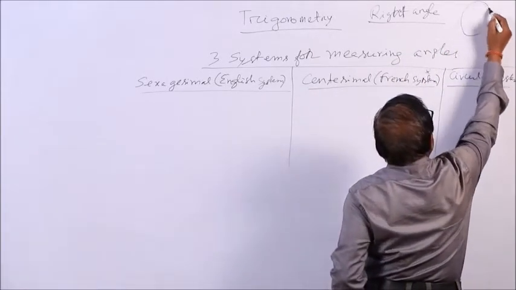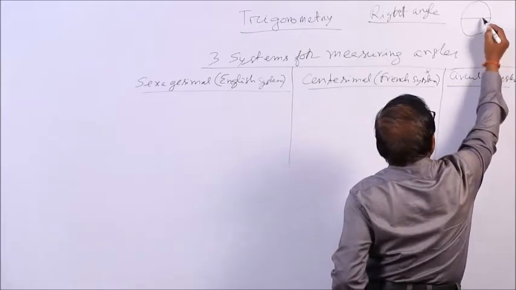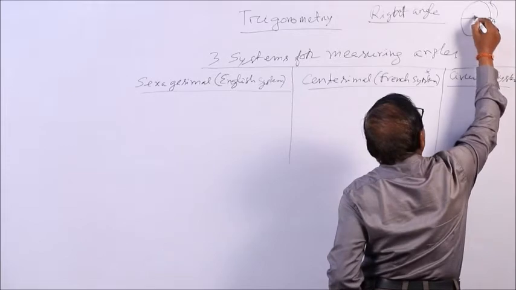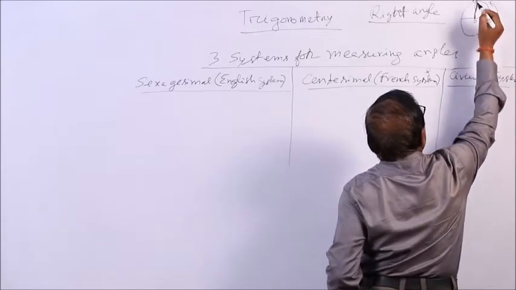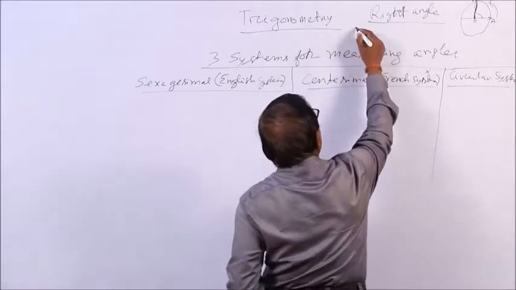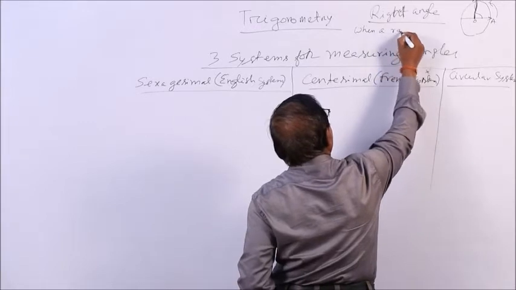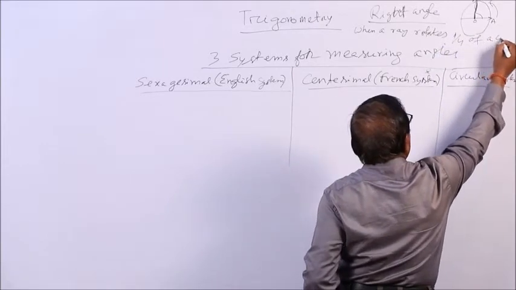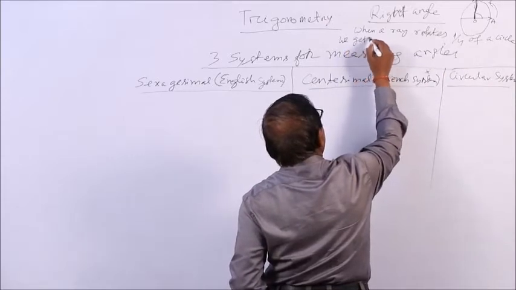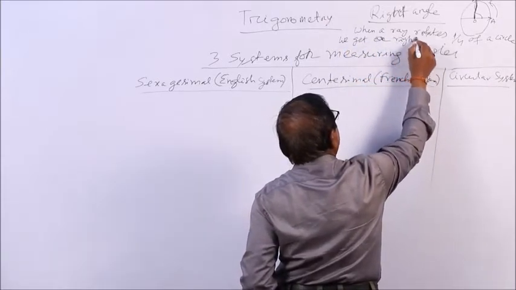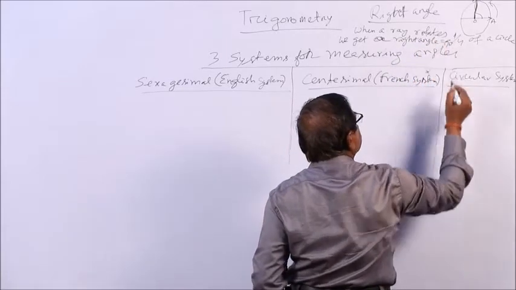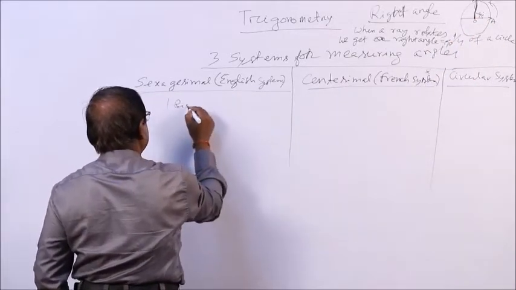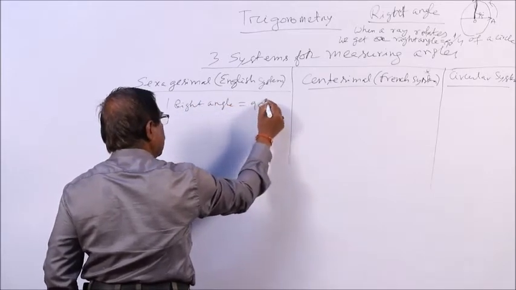This is a unit circle, and suppose this is your center A. When this ray moves and covers this portion, that means 1/4 of a circle, you get a right angle, which is equal to 90 degrees. One right angle is equal to 90 degrees.